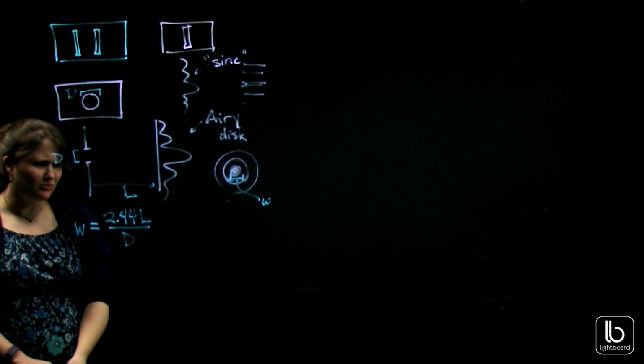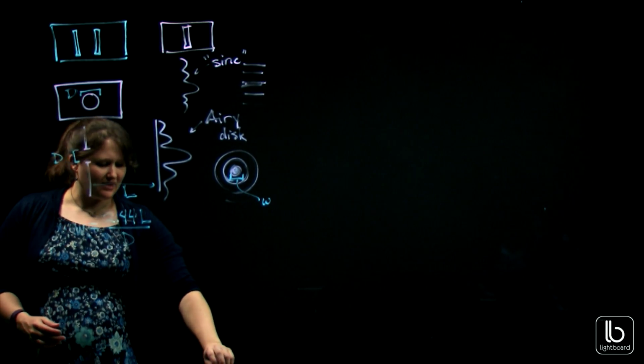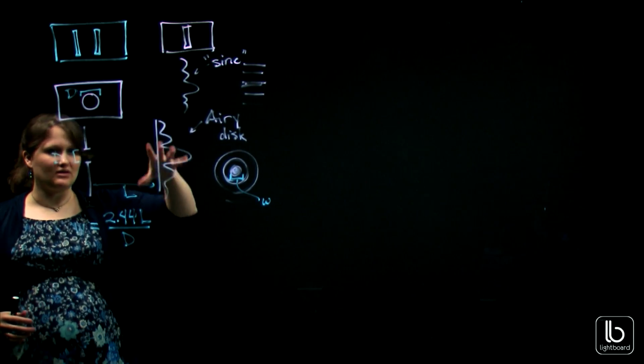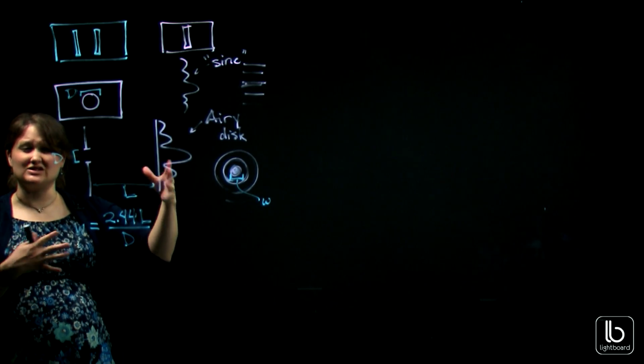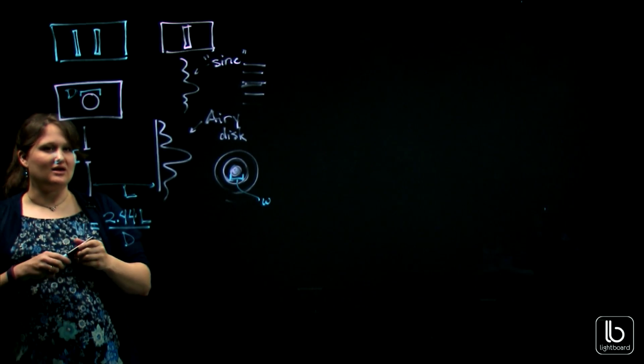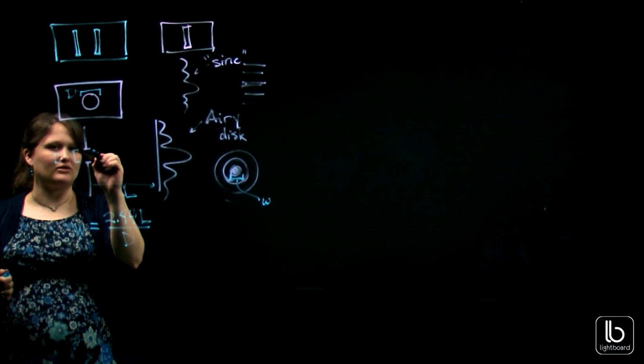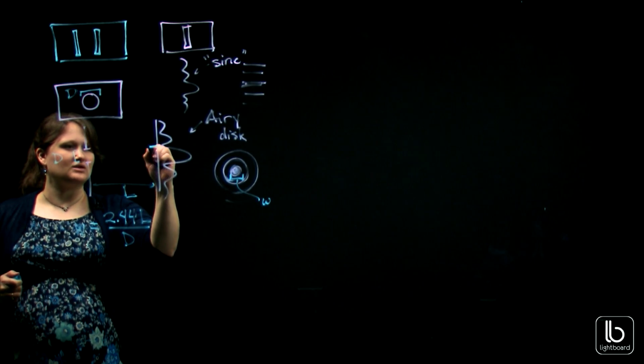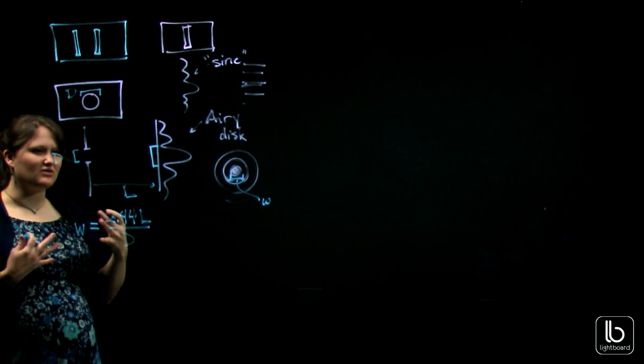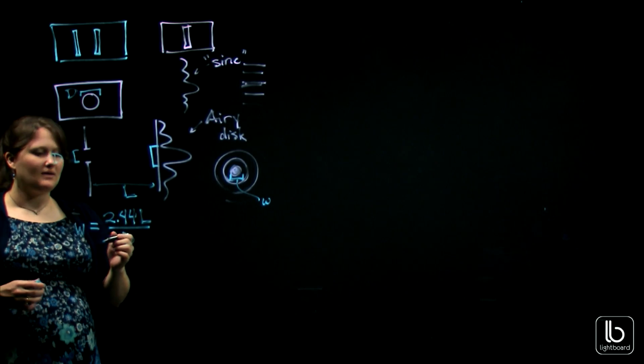Now, where does this 2.44 come in? That comes specifically from this mathematical function, called a Bessel function. And what we're looking at basically is the width of that bright spot from dark to dark.